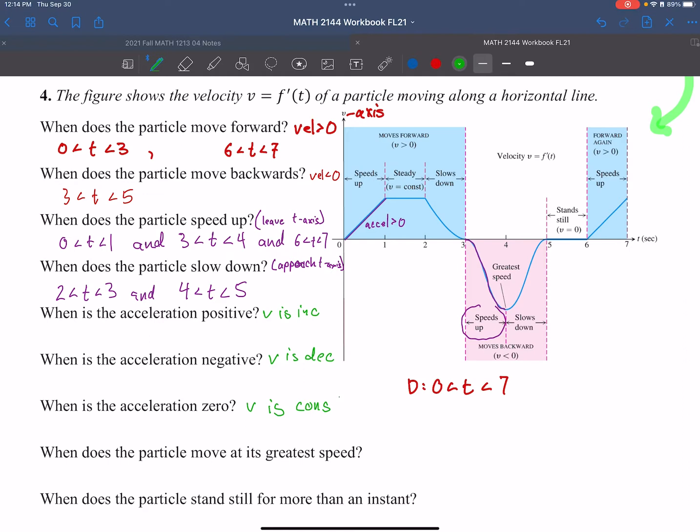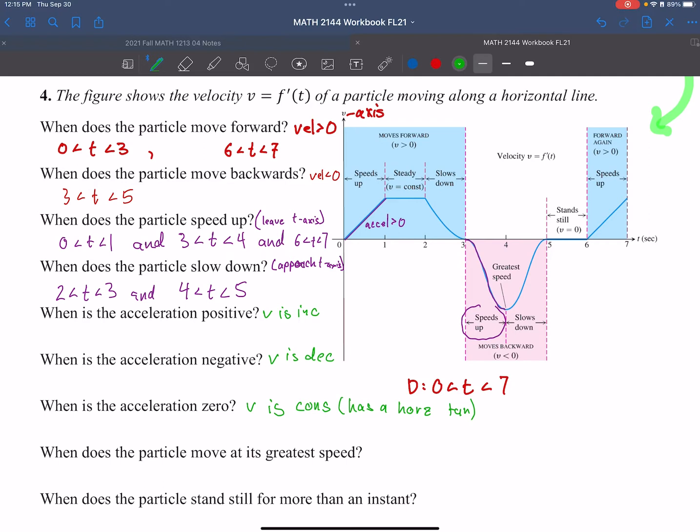And maybe one other comment about acceleration being 0, or basically I could word it like this: v is constant, let me say it like this, has a horizontal tangent. That's maybe something to also be aware of, because it's just constant for that brief moment, aka horizontal tangent. So this is also when we would be looking at max or mins.